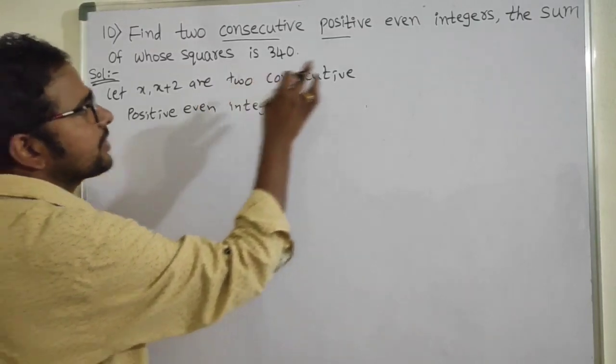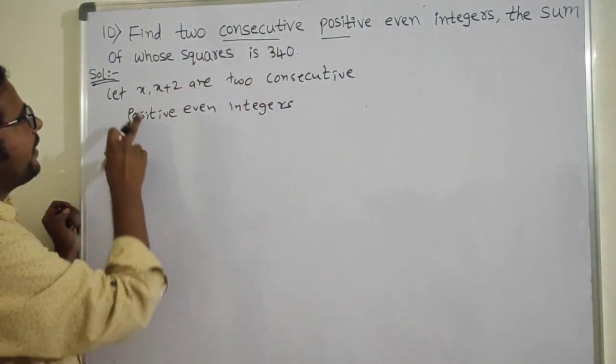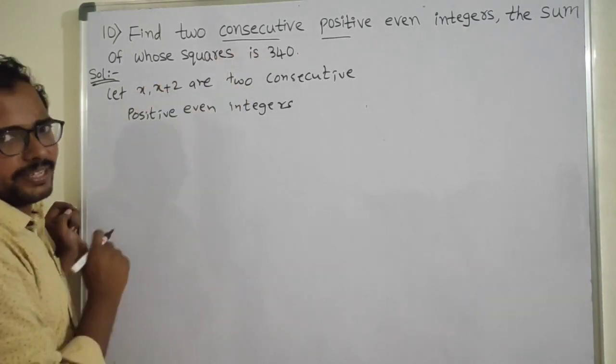Now, what is the given condition? The sum of whose squares is 340. Square of the first number plus square of the second number is 340.